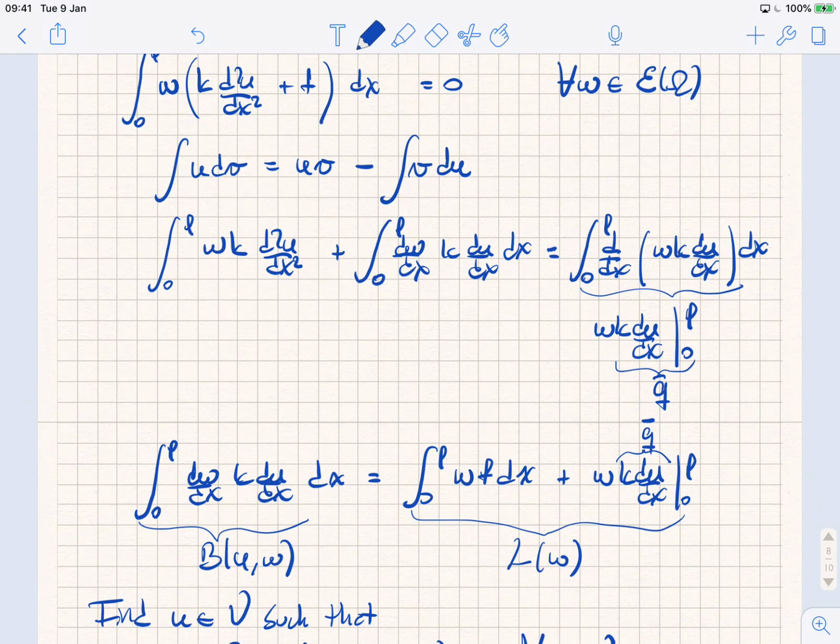You can identify from this equation which one is u and which one is dv. For example, I want my u to be this one, and my dv to be that one, because that is what is going to reduce the differentiability requirement when we write this integral of v du.